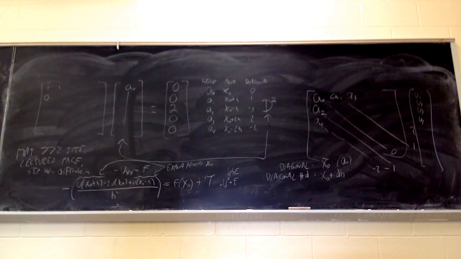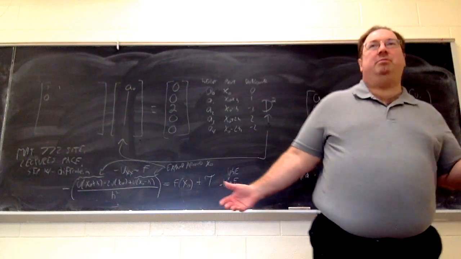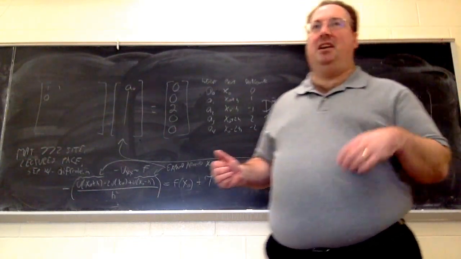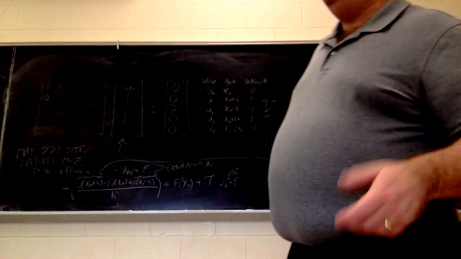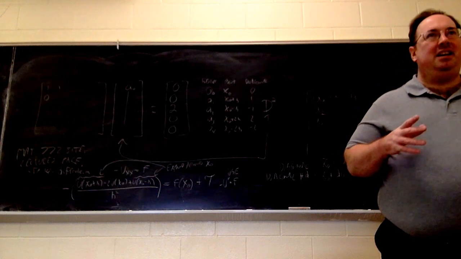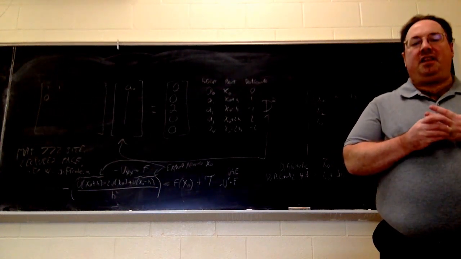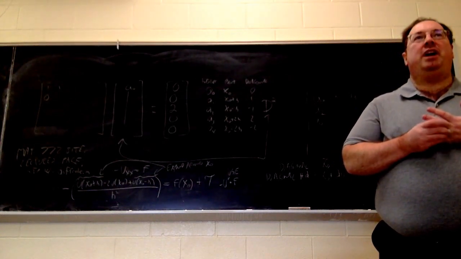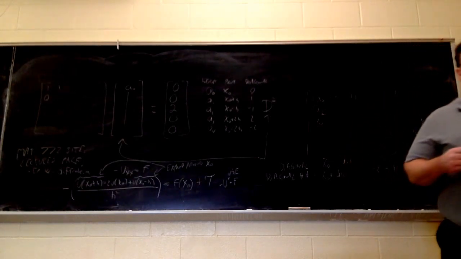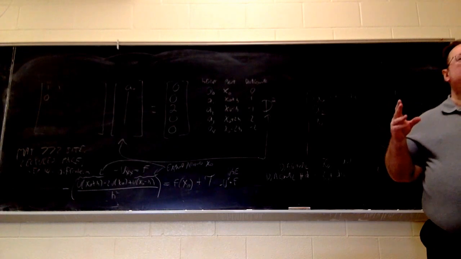MATLAB has a function linspace where you give it an a and a b and a number of points, and it'll give you a vector of that many points from a to b, including a and b. For the purpose of making your right-hand side, when you plug into your f, you don't want to include the boundary points.